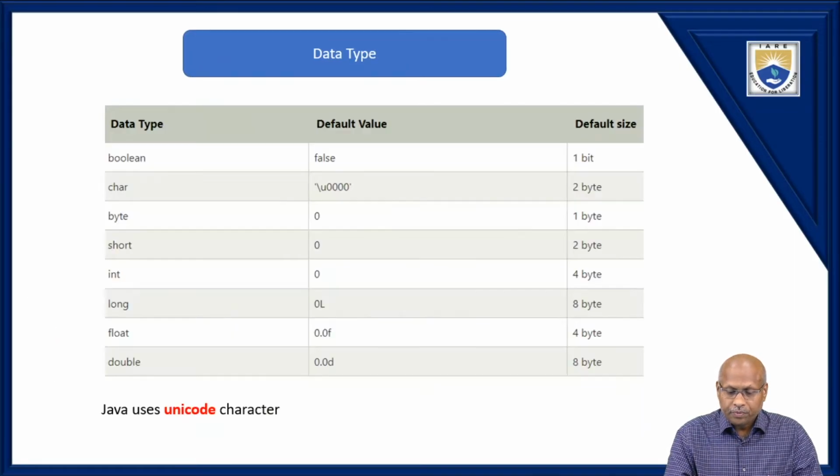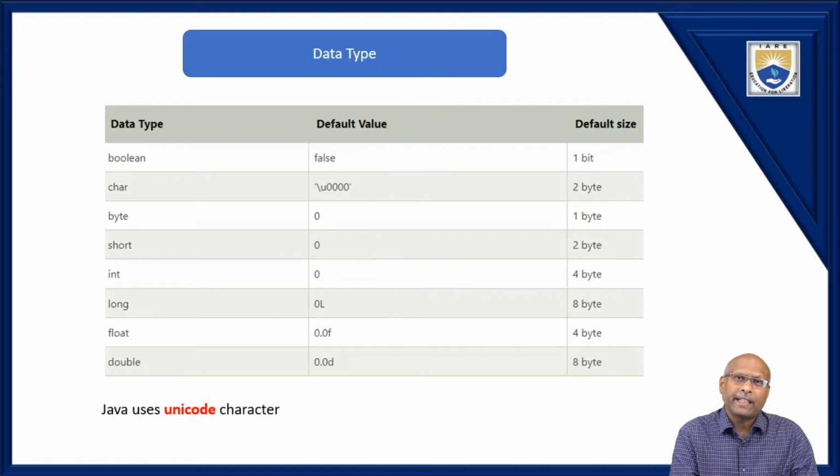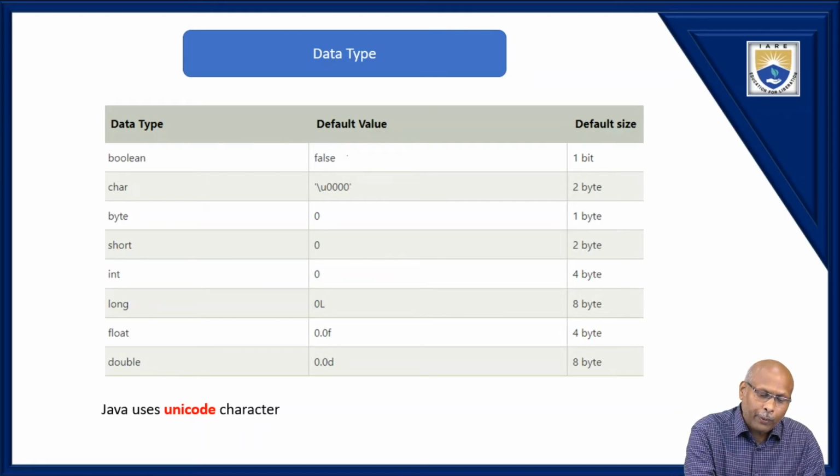Then we'll see what are the different default values for each data type. Because when you declare the data type in your program, especially as a member variable in the program, every variable of its own type has a default value. If it is a boolean variable declared as a member variable in a class, then the default value is always false.